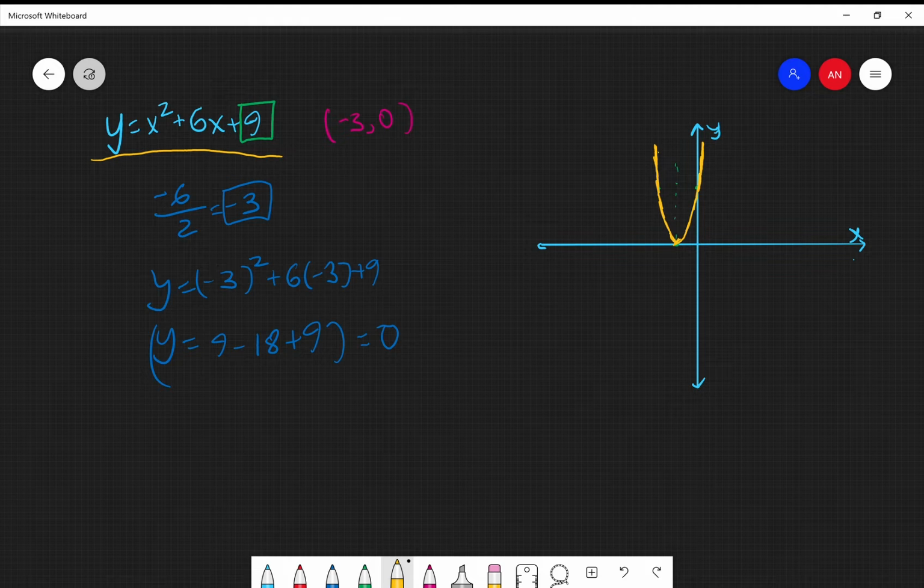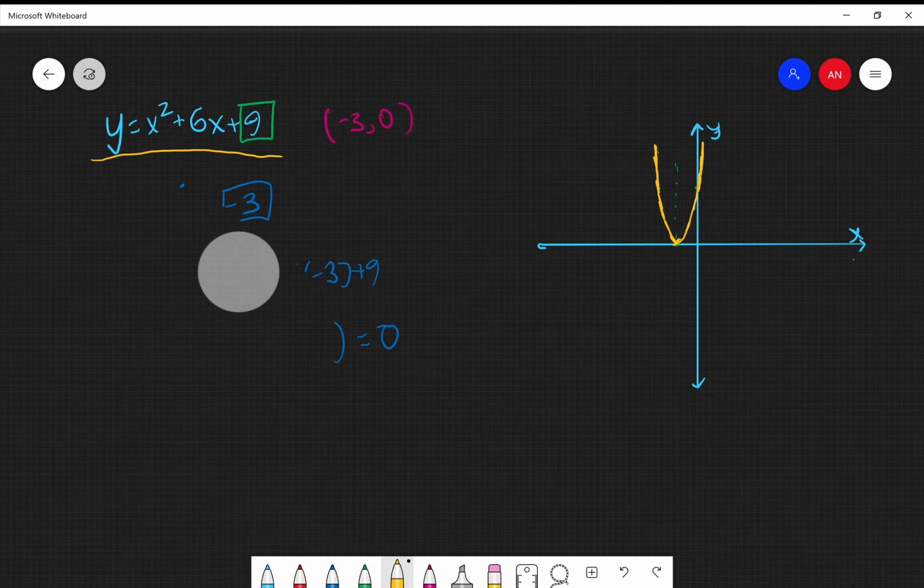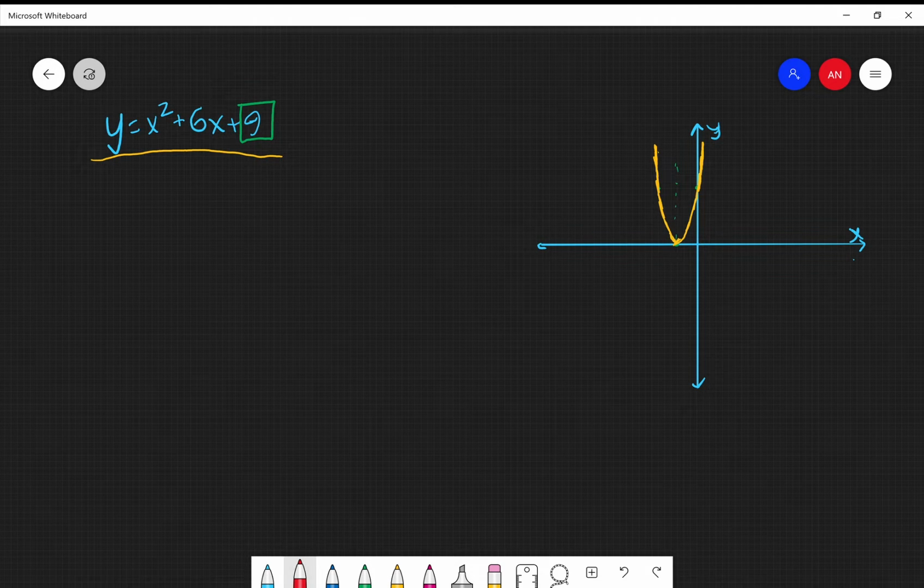Okay, now let's find the inverse of this equation. To find the inverse of this equation, all we have to do is switch the variables. I'll show you what I mean. Here we have y is equal to x squared plus 6x plus 9.